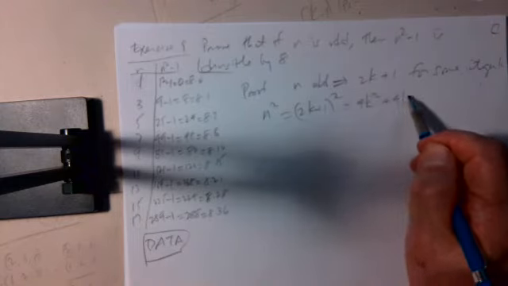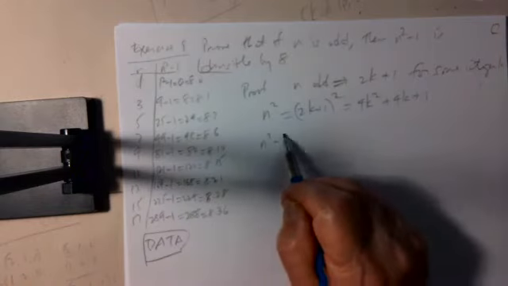So n squared is 2k plus 1 squared, which is 4k squared plus 4k plus 1. So n squared minus 1 has the form 4k squared plus 4k. If I factor out the 4k, I get 4k times k plus 1.